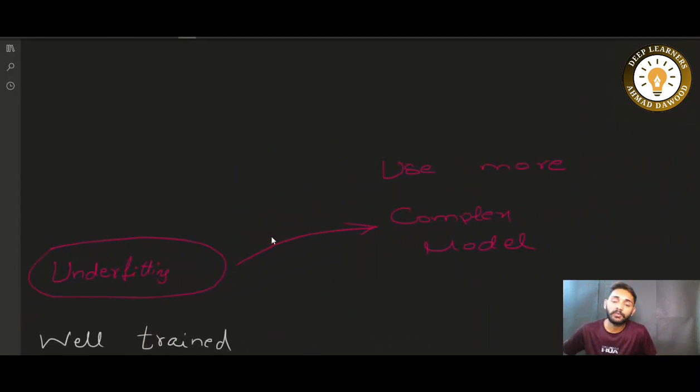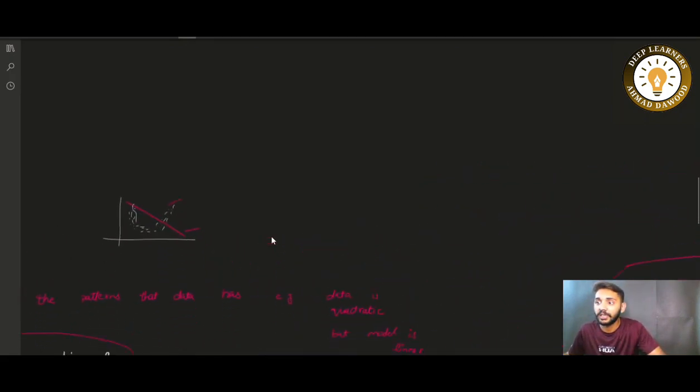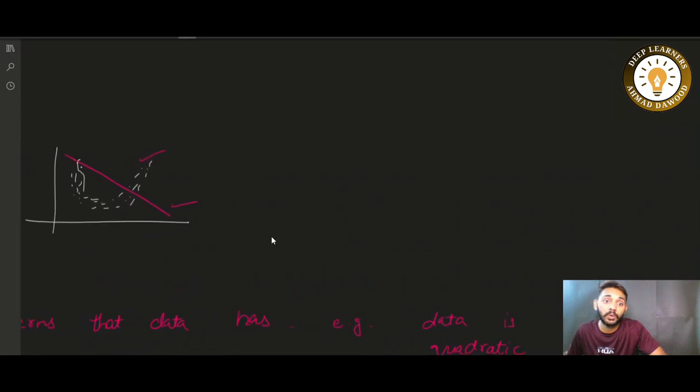In the case of underfitting, the problem is that we have data and our model is not able to capture the pattern from the data properly. Like the example I gave you, my data points are quadratic, but my model is linear. Now you can say that your model is undertrained.